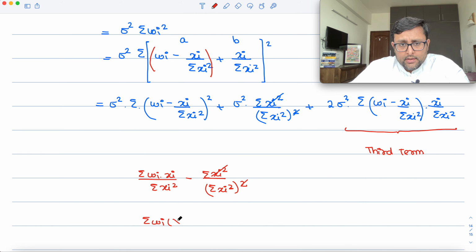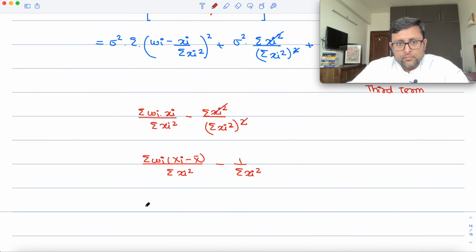What is small xi? Capital Xi minus x bar. So summation of wi (capital Xi minus x bar) upon summation of small xi square.